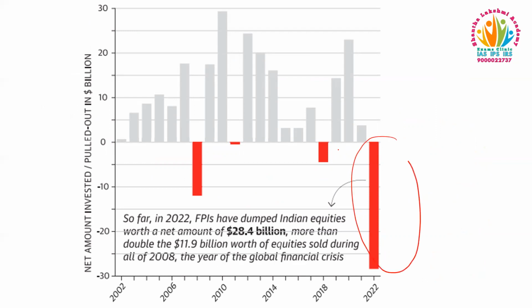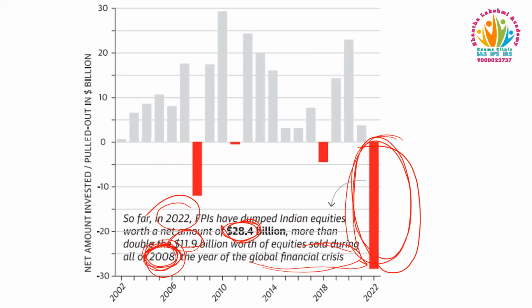So far in 2022, FPI has dumped Indian equities worth a net amount of $28.4 billion, more than double the $11.9 billion worth of equity sold during all of the 2008 global economic crisis. Compared to the global economic crisis, in 2022 alone, foreign portfolio investors have withdrawn an amount of $28.4 billion from India.